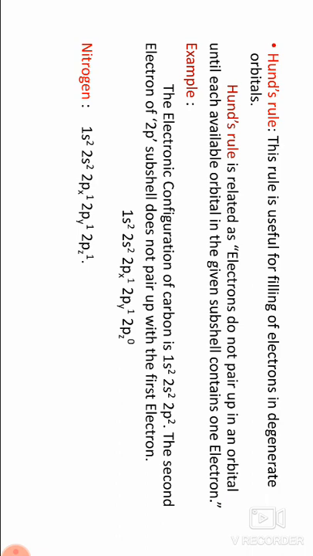And write the electron configuration of different elements, for example hydrogen, nitrogen, oxygen, chlorine, chromium, copper, zinc. This type of question is asked on these topics.